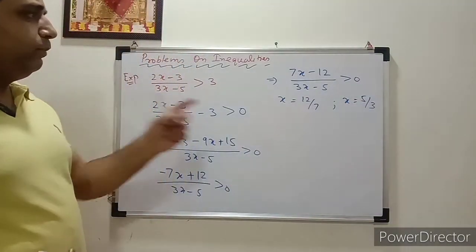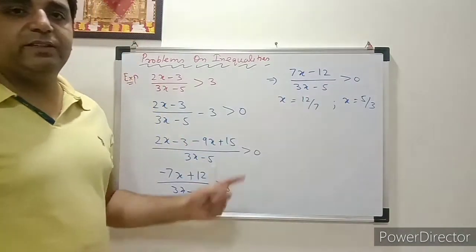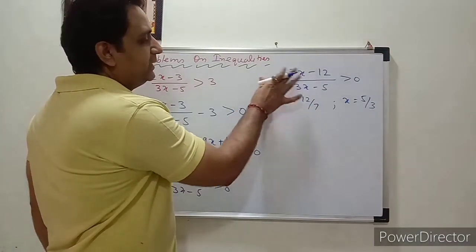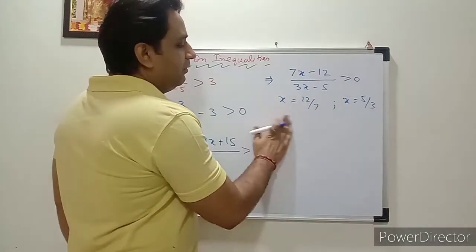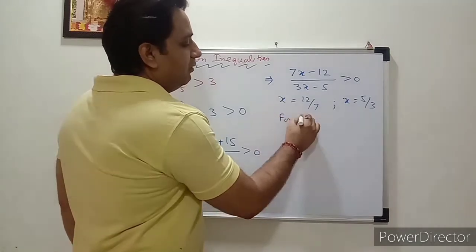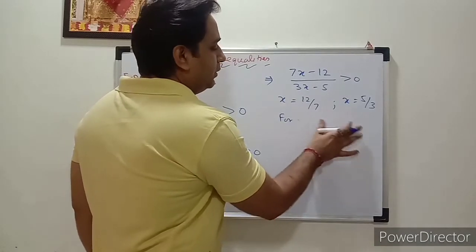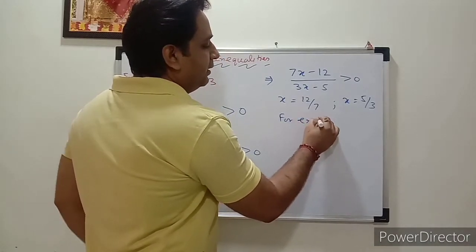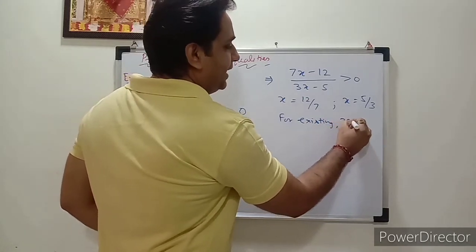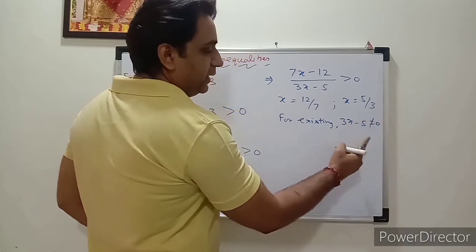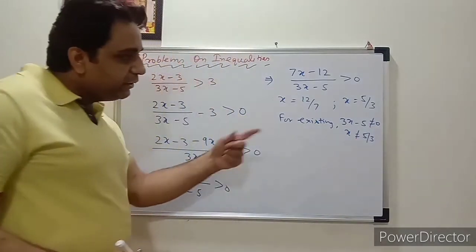Both have an odd power, so we have to take both values. But 3x minus 5 is in the denominator. For this expression to exist, 3x minus 5 cannot be equal to 0. It means x cannot be equal to 5 by 3. So we need to remove this.